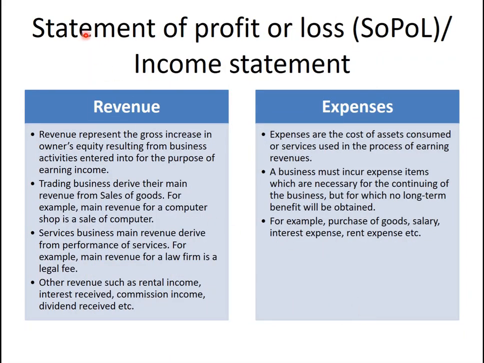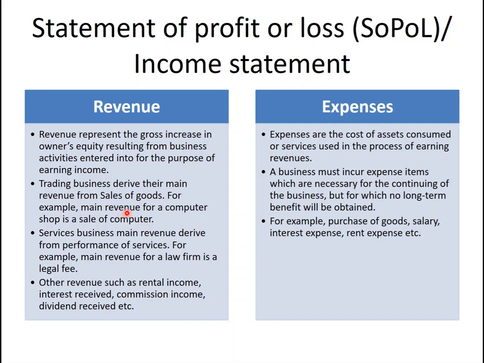Now we look at items under statement of profit or loss or income statement. We have revenue and also expenses. Revenue represents the gross increase in owner's equity resulting from business activities entered into for the purpose of earning income. Trading business derive their main revenue from sales of goods.